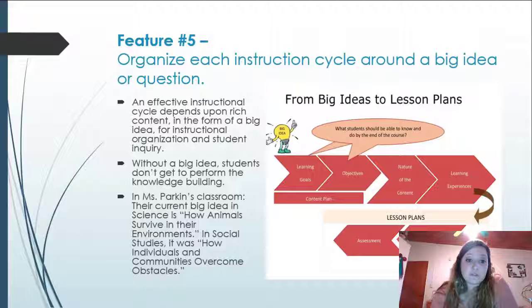Without a big idea, students don't get to perform the knowledge building because, like I said, they don't know why they're learning something. And then in Ms. Parkin's classroom, some current big ideas that they're working on with the caterpillar changing its appearance, disguising itself. Their big idea was how animals survive in their environments.